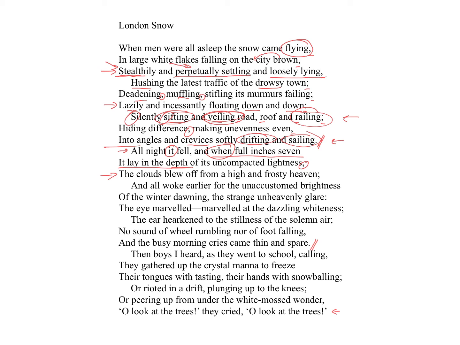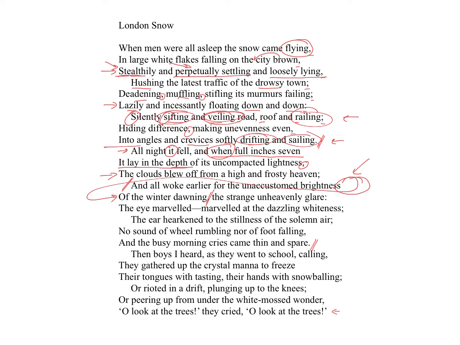First thing is to really pay attention to the enjambment there, because it's telling you there's no end stop, there's no punctuation there. So you've got to carry on to that next sentence to make sense of what's being said. So we know that our phrase is, and all woke earlier for the unaccustomed brightness of winter dawning, right?